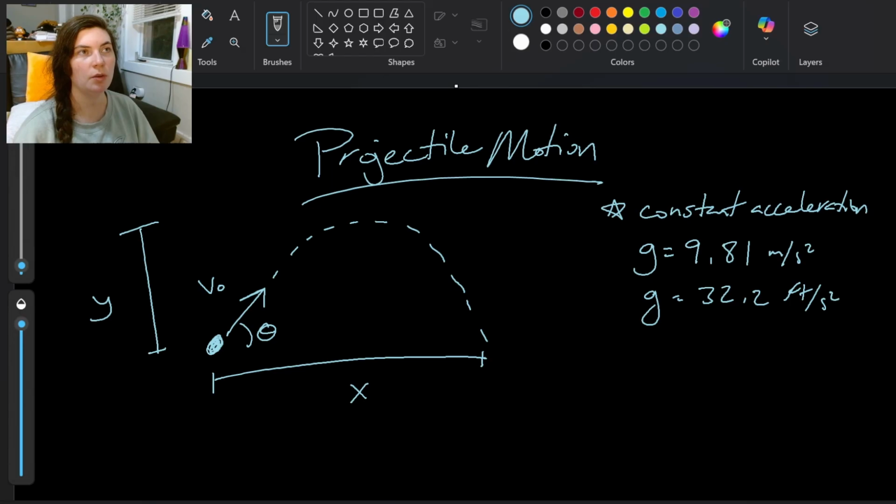So really, if I look at what's going on with my velocities, because my acceleration is constant, I still have to look at my velocity.